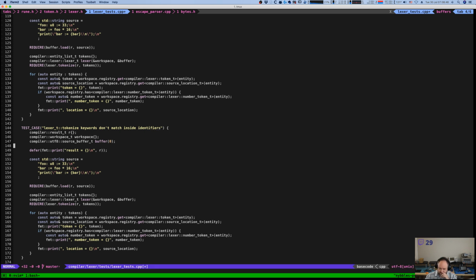So one of the cases was keywords don't match inside of identifiers.